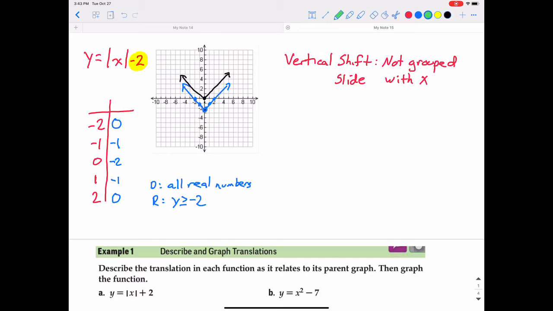So I want to do another one. So let's do in green here another function. Let's do y equals the absolute value of x plus 2. So I'll graph that on the same graph. So again, the black is the parent function. That's the basic absolute value graph. Since it's absolute value of x plus 2, and that plus 2 is not grouped with the x, that means we're going to take the vertex and we're going to move it up 2 units, place it right there.